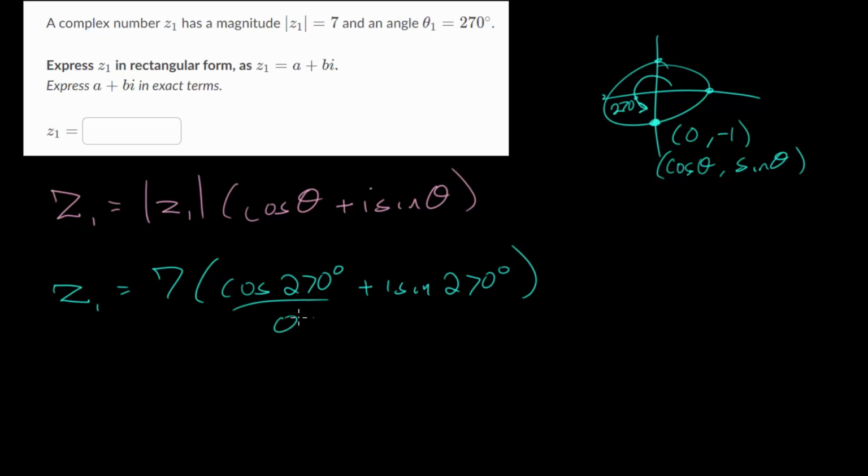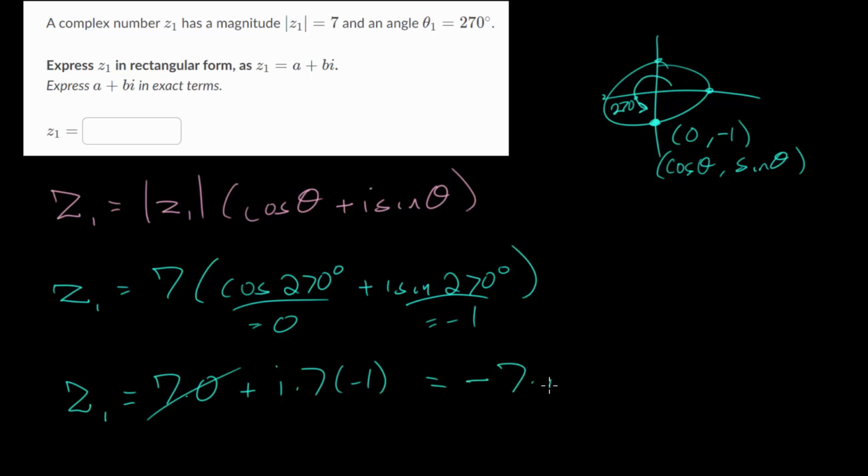But this right here is 0, and this right here is -1, meaning that z1 is 7 times 0. So that first part will cancel out, and we get 7 times i multiplied by -1. So this part goes away, and we get minus 7i as our final answer in rectangular form.